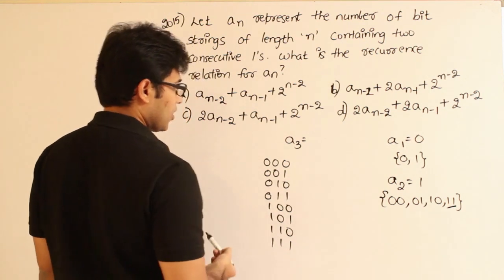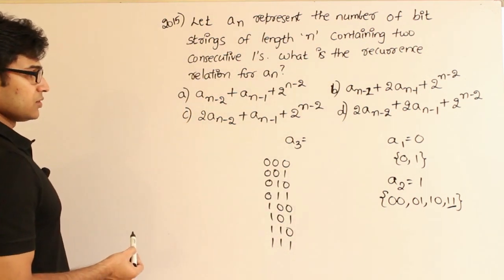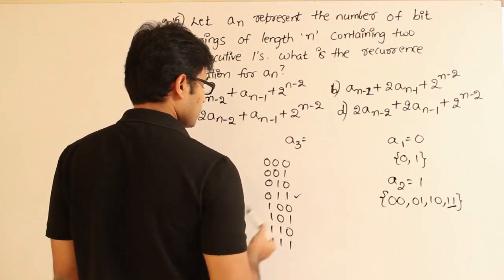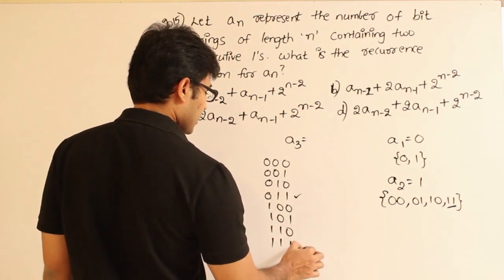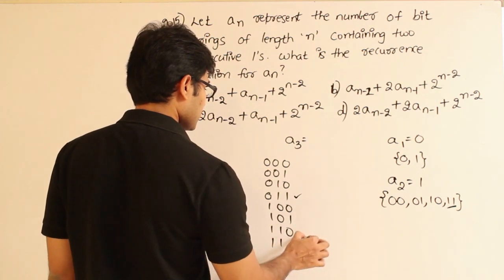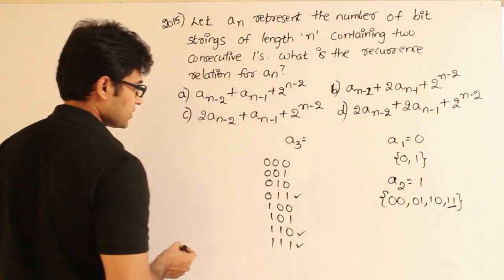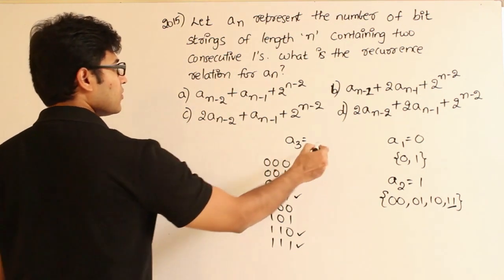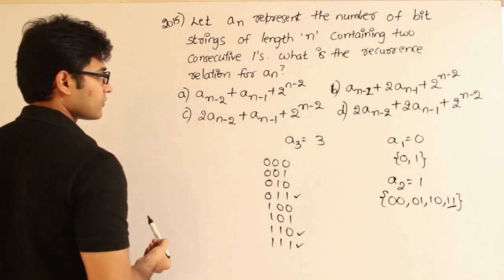Now if you see how many strings have two consecutive ones, you can clearly see that this one has two consecutive ones, this one has, and this one has. So 1, 2, 3, therefore a3 equals 3, right?